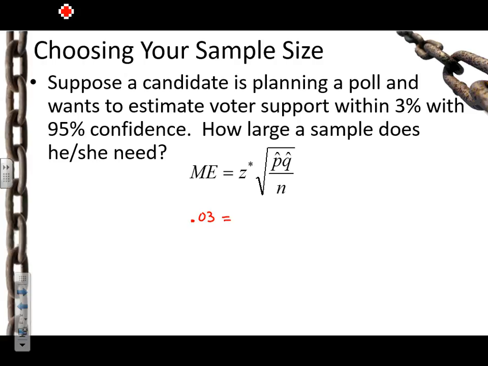Z star, since we're working with a 95% confidence level, z star would be 1.96. And then for p hat and q hat, we're going to go ahead and plug in 0.5 and 0.5, right? So then from here, we would just use the algebra skills and solve for n.